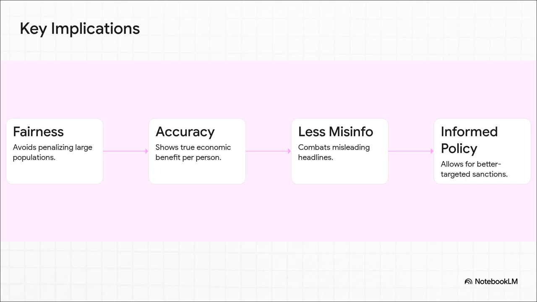You're not unfairly penalizing countries just because they have a lot of people. Second, that leads to accuracy. You get to see the true economic impact on each person. Third, with a clearer, more accurate picture, you can cut through the noise and combat misinformation that's so often driven by those misleading headlines. And finally, all of this leads to more informed policy. It helps leaders make better decisions because they can actually see where the economic ties are truly the strongest.